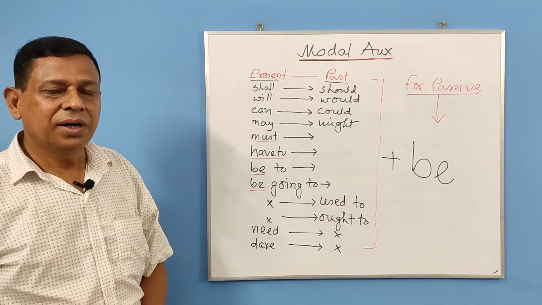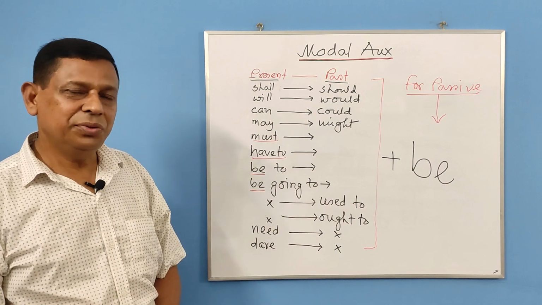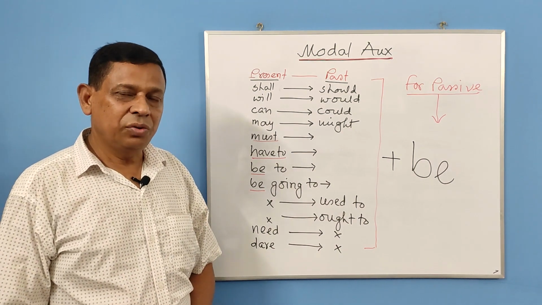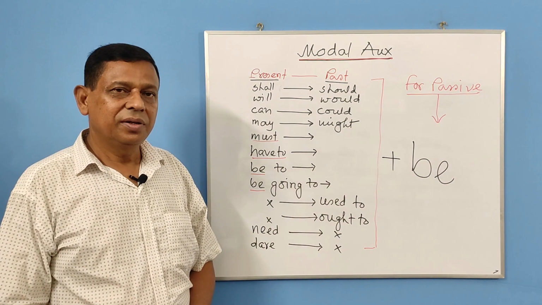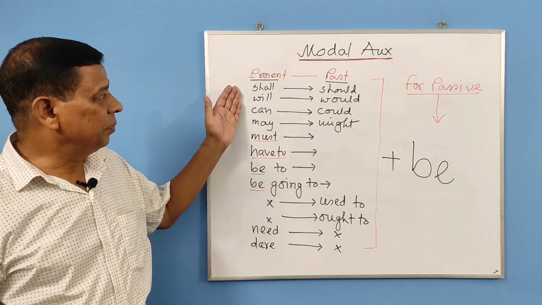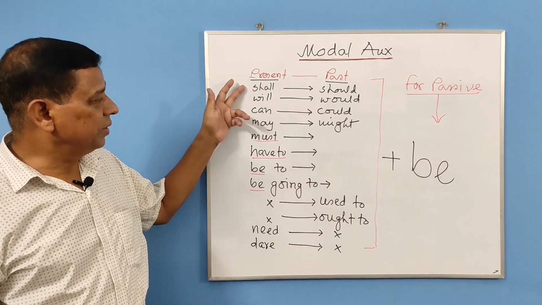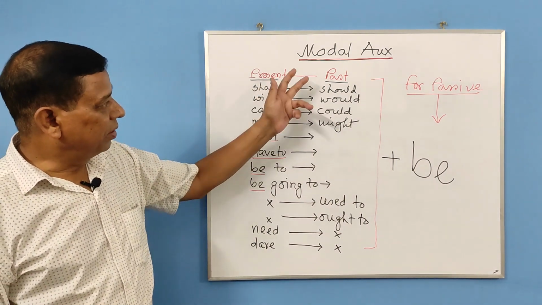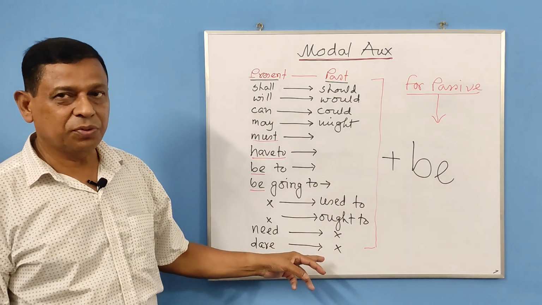Now, I am going to teach you modal auxiliaries. Modal auxiliaries are written here. You see on the left-hand side, these are present forms, and on the right side these are past forms.